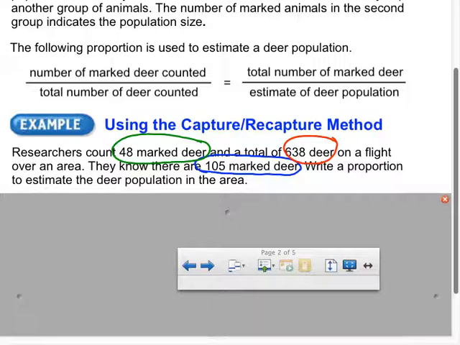So the capture, we mark them in blue, then we let them go. And then the recapture, or the counting, is here in red. That's how many they counted after the fact. And then they saw in that group that they counted 48. So you have a ratio. You have the ratio of the tagged deer that you release into the population. Okay, we don't know how big the population is, we're going to use this to estimate.